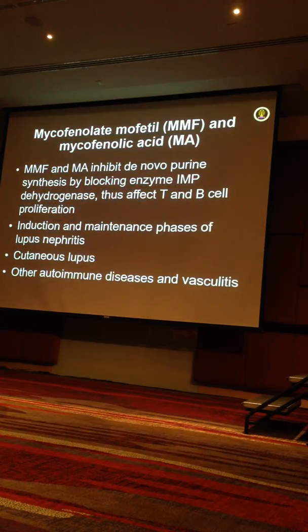Mycophenolate and mycophenolic acid are both used for the induction and maintenance phases of lupus nephritis. They can be used in refractory cutaneous lupus and other autoimmune diseases like inflammatory muscle disease, polymyositis and dermatomyositis, and some vasculitis, if patients cannot tolerate cyclophosphamide or do not respond to azathioprine.